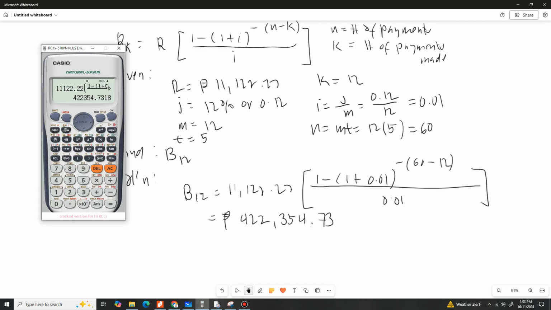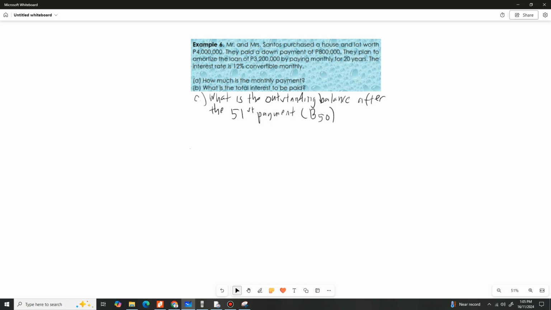So our outstanding balance after the 12th payment is 422,354.7318 pesos.